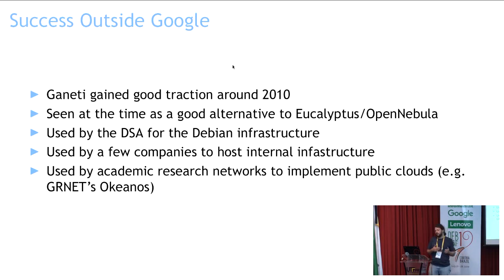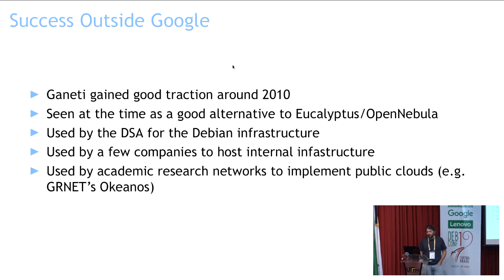Around 2010, it gained good traction. It was a time where OpenNebula appeared, and Eucalyptus was also a thing, and it was just like AWS was becoming a thing, and people were trying to set up their own virtualization clusters.